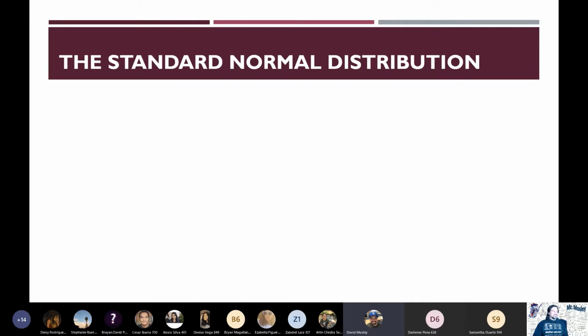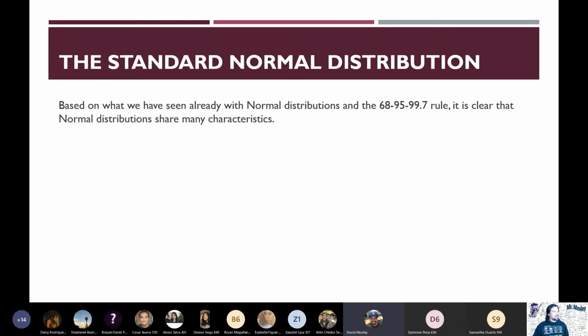Right. So first, we're going to talk about the standard normal distribution. This is based on what we have seen already with normal distributions and the 68, 95, 99.7 rule. It's clear that normal distributions share many characteristics.